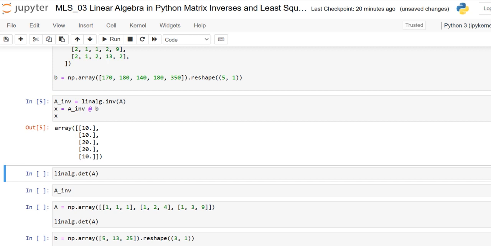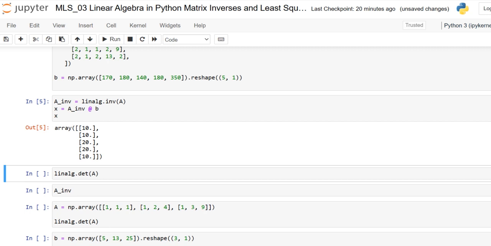Superb. Now you get exactly the same solution as the one provided by SciPy, using linear algebra and the solve functionality. See, because the system has a unique solution.